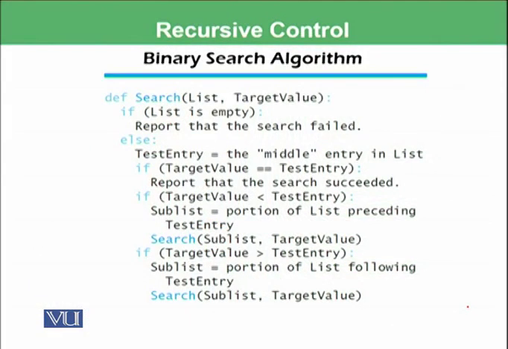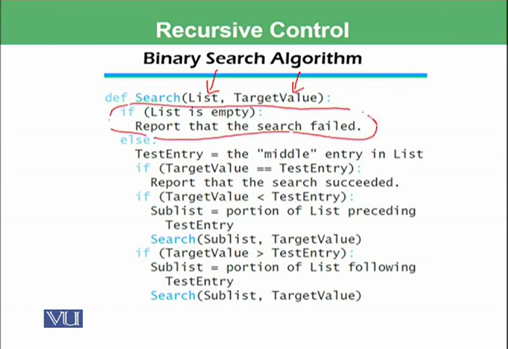So remember this function: initially we have the whole list and the target value which is being sent to the function, and then we are saying if list is empty. This was the statement which we did not execute in the previous module, and we will be doing it today.